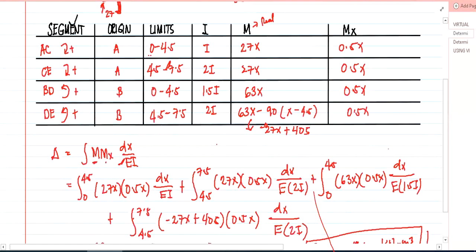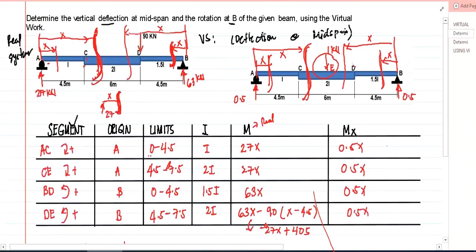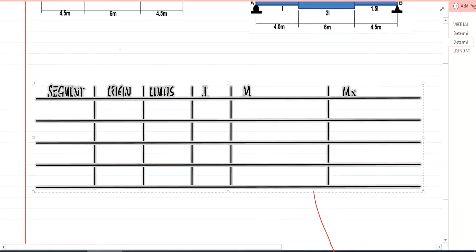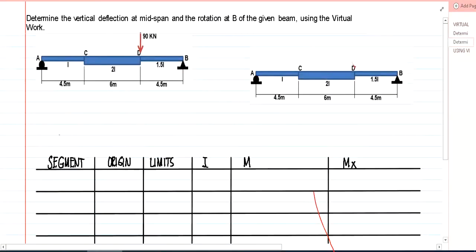And for the rotation, we have to determine the rotation at B of the given beam. The real system is the same. We have 90 kilonewton, so our reactions are the same: 27 here and 63 in here.